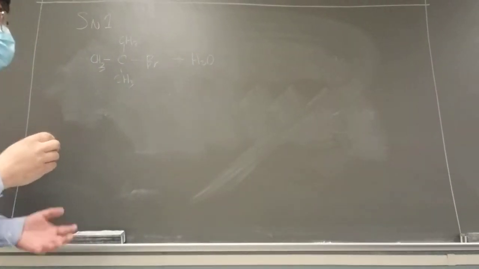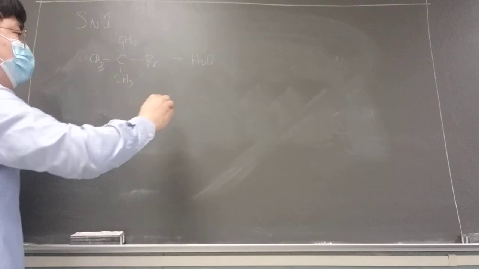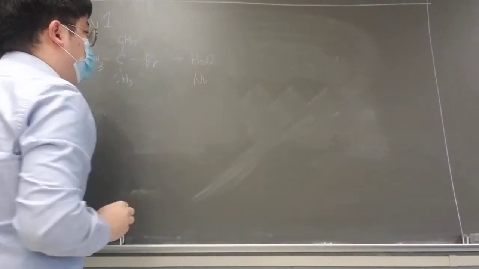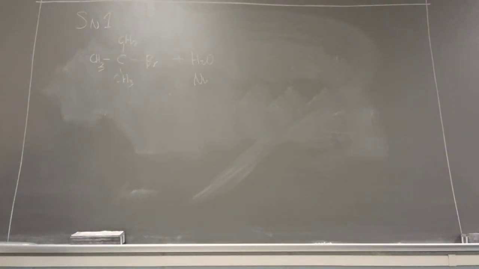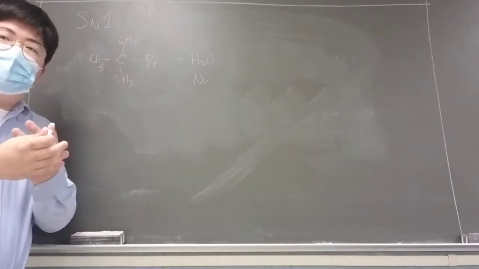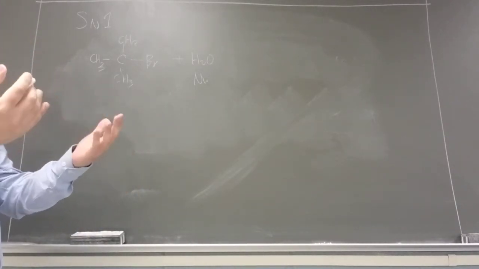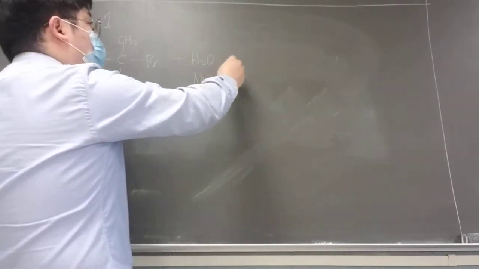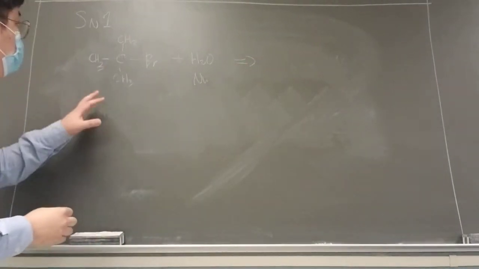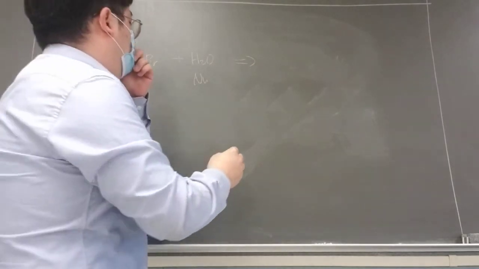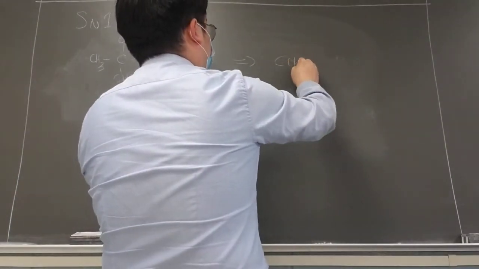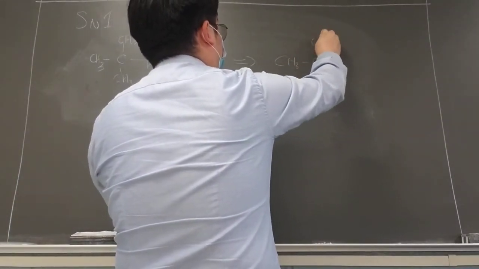But if you use a nucleophile that is not so strong, like water, which can also behave as a base, so it can work as a nucleophile but not so strong, what you find out in the experiment is actually this one.